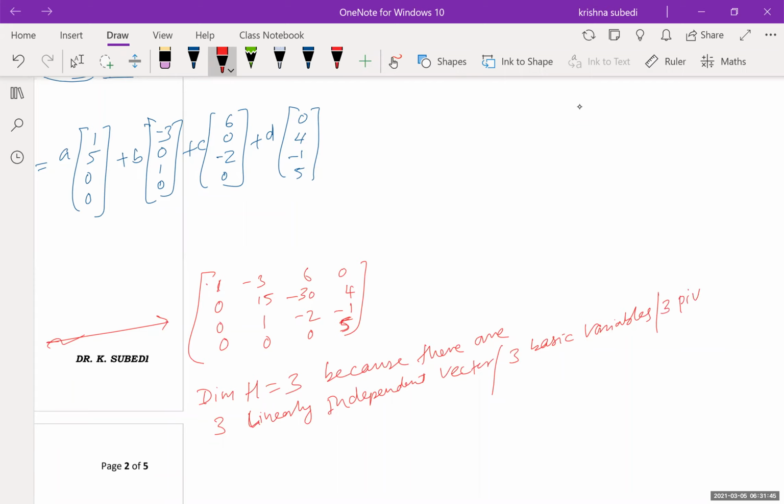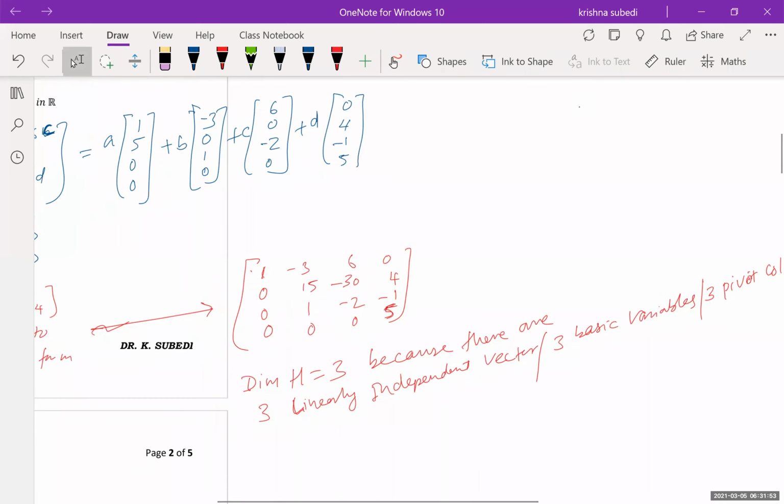They mean the same thing. Okay, so the dimension of H is 3.